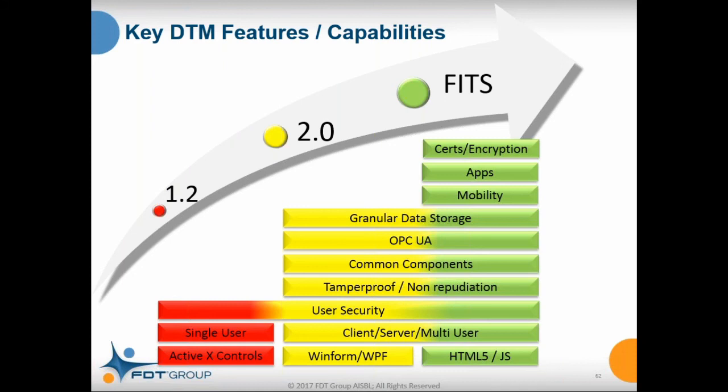I think now as we look at FITS, the gap is becoming larger and larger. So my caution to you is if you're still looking at 1.2 as a primary development platform, I think it's really time to look at your product roadmap and evaluate where do you introduce FITS.